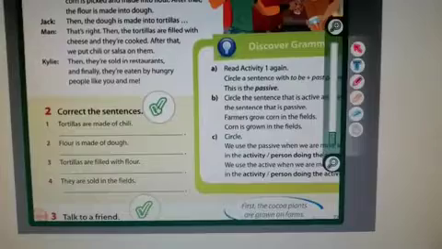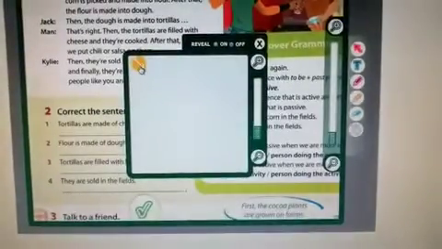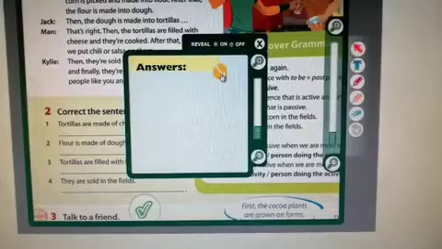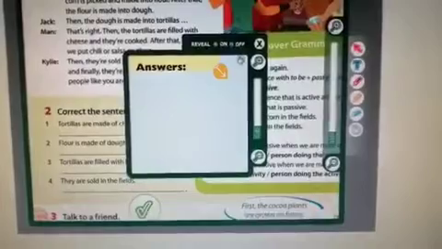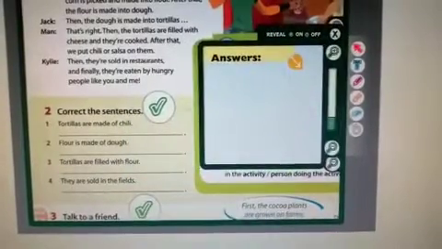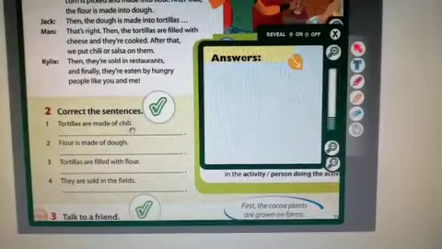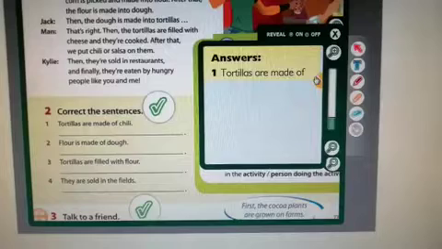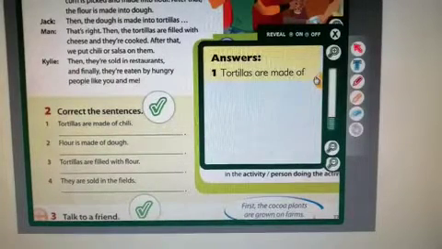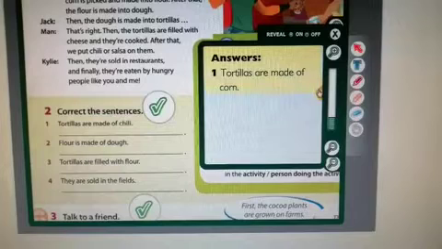Show the answer now. Number 1. Where's the mistake in number 1? The mistake is chili. Look here. Tortillas are made of corn.